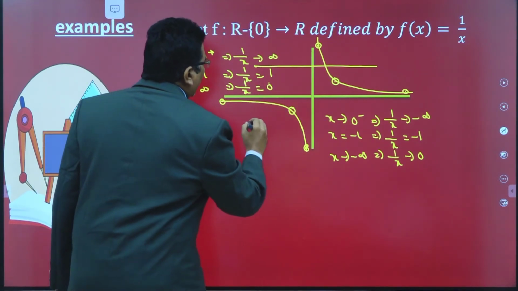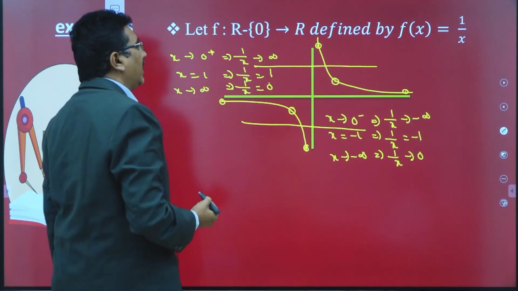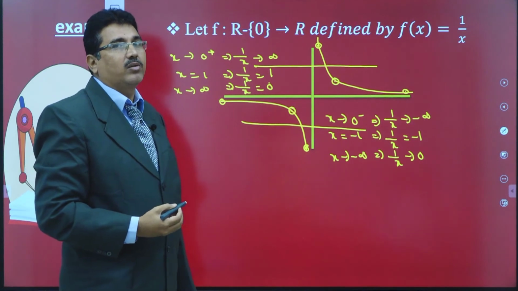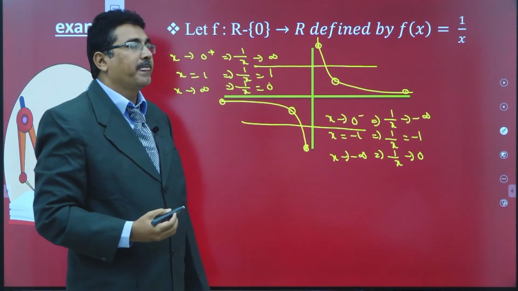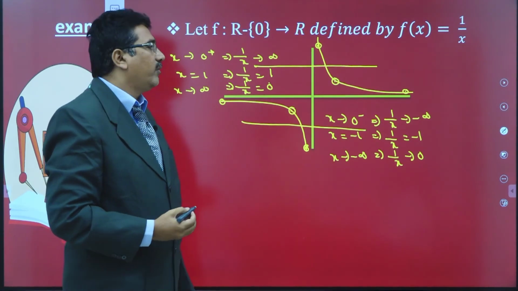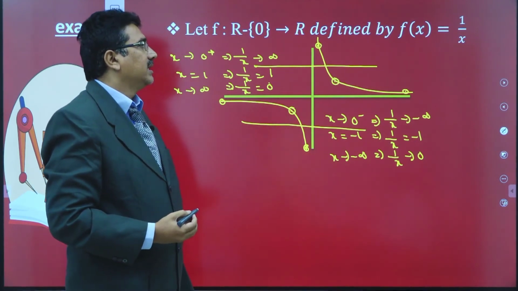Now draw another horizontal line, this also intersects at only one point. Therefore f of x equal to 1 by x is a bijective function. Also this is an odd function.